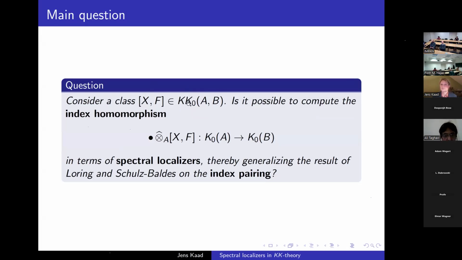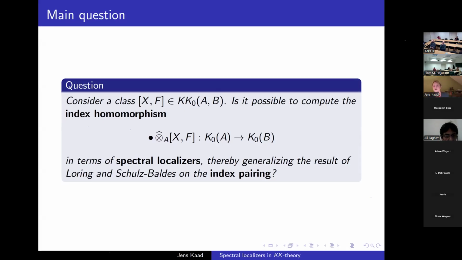What I get out of this is a homomorphism from the K theory of A to the K theory of B. Because the K theory of A here is KK theory of complex numbers, comma A. And when I take the interior Kasparov product with this class, I get an element in the KK theory of the complex numbers, comma B, which is just the K theory of B. So out of this class in KK theory, I get a homomorphism between the K theory of A and the K theory of B. And this homomorphism is called the index homomorphism.